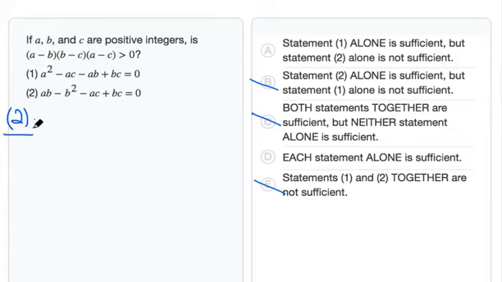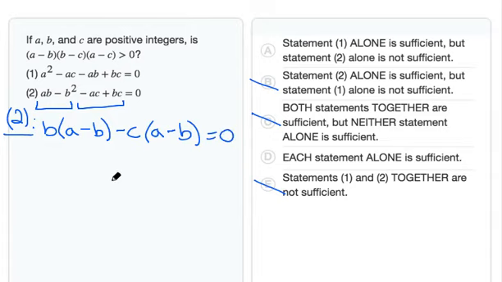We'll factor by grouping. Let's consider the first two terms and then the last two terms, like we did for the first one. The first two terms have a b in common, so we'll factor that out and we're left with a minus b. The next two terms will factor out a negative c in common, and we're left with a positive a. It switches the sign, so minus b. And that whole thing equals 0.